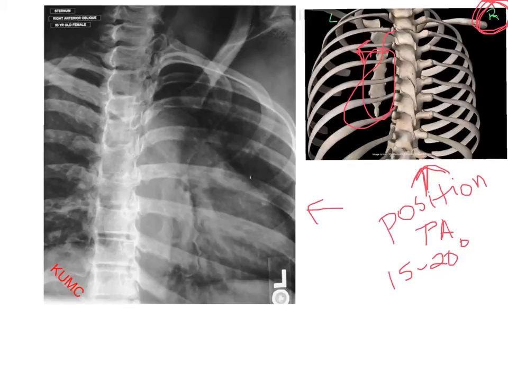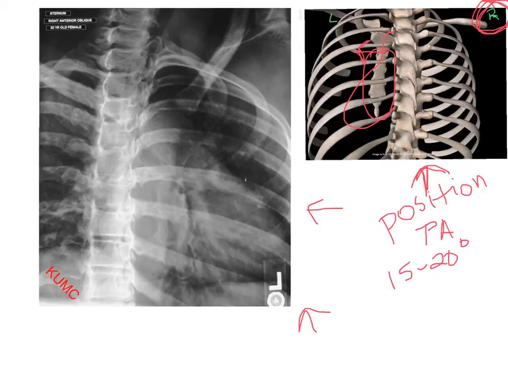Now take a look at the image to the left of your screen. This is what a good RAO sternum should look like, and this image is courtesy of Kansas University's Medical College. If you look here, oops, grab my pen again, sorry guys.